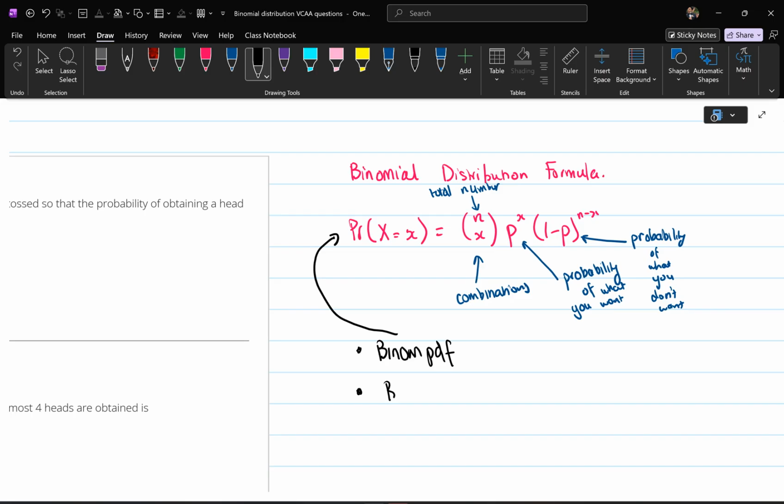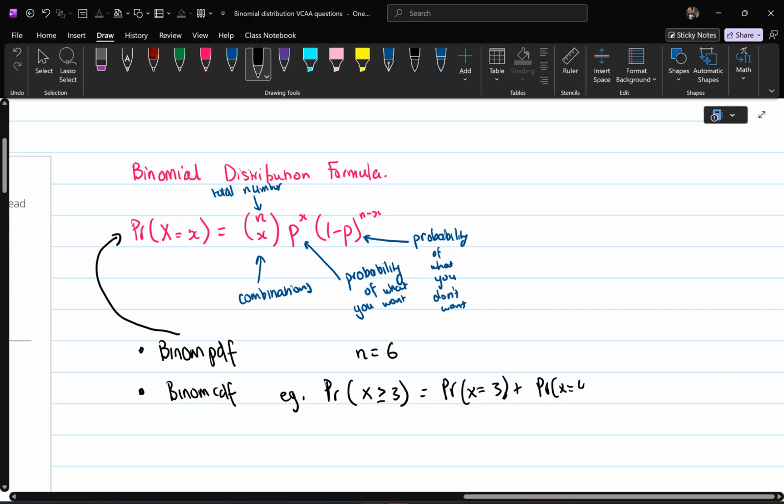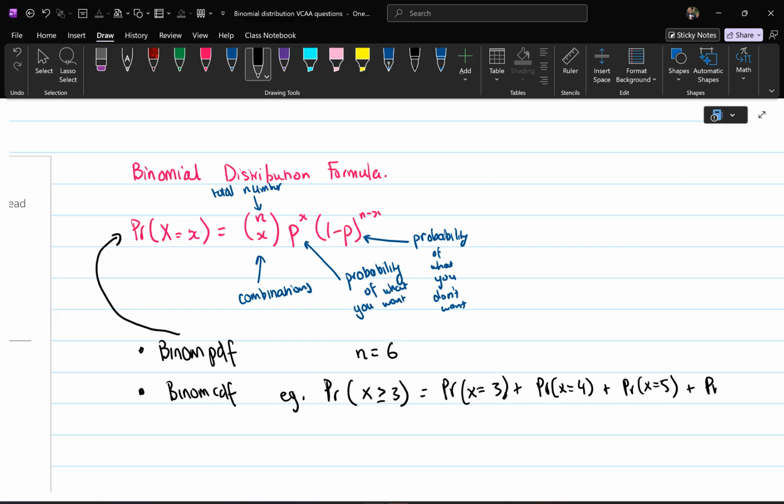Binom CDF is when you're doing multiple ones of that. So an example is if I told you to find the probability of x greater than or equal to 3 and the number of trials was 6, then you would have to do probability of x equals 3 plus probability of x equals 4 plus probability of x equals 5 plus probability of x equals 6.